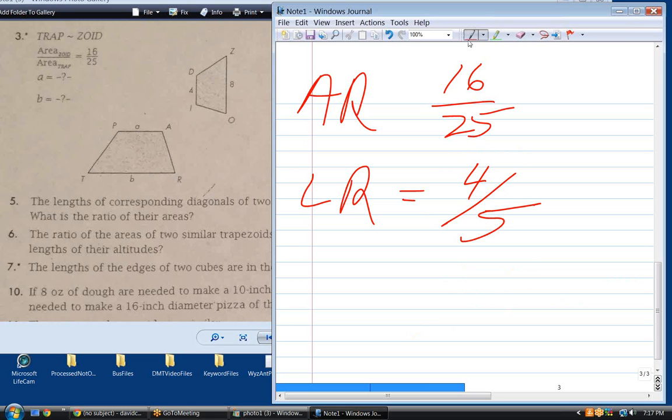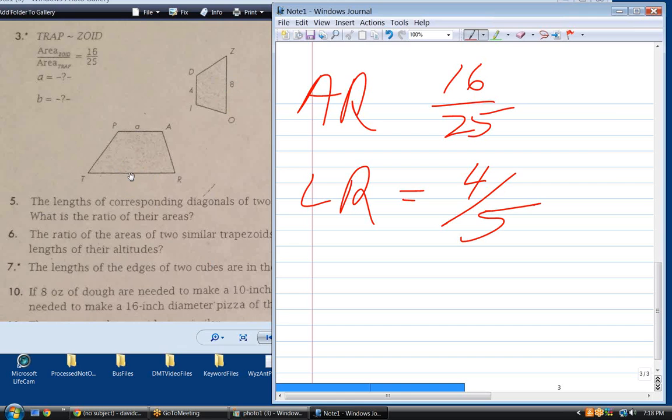How would I get B? By multiplying 8 by the reciprocal? Yes. So it's 10. Okay. And notice that if B is 10, the ratio of the little to the big is 4 to 5. Yeah.